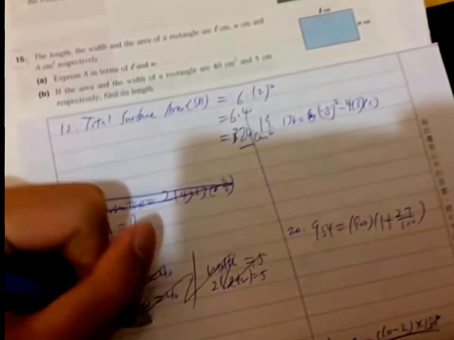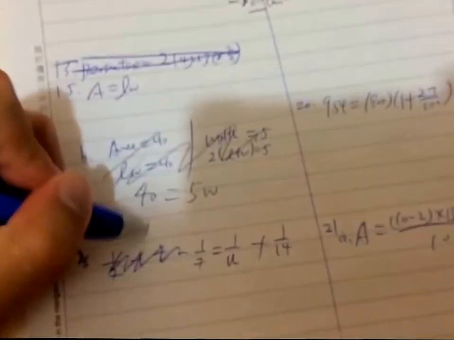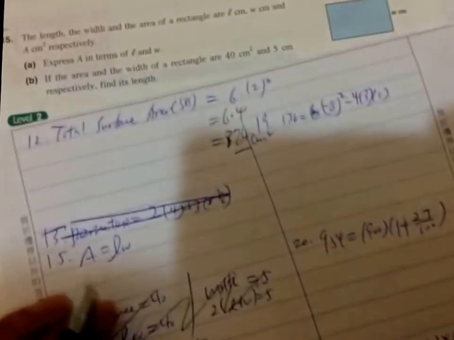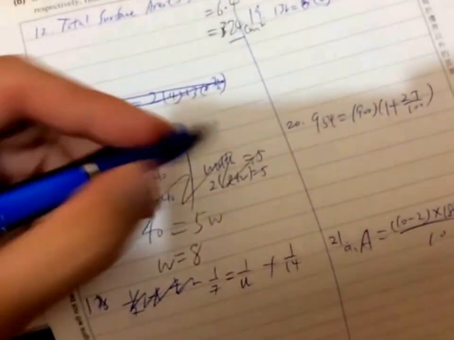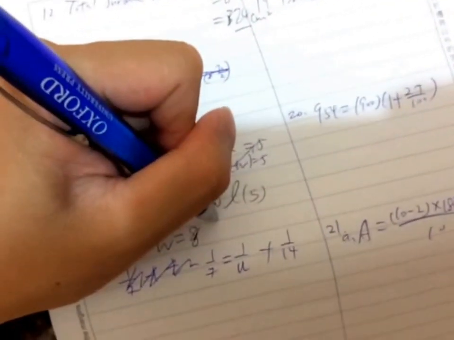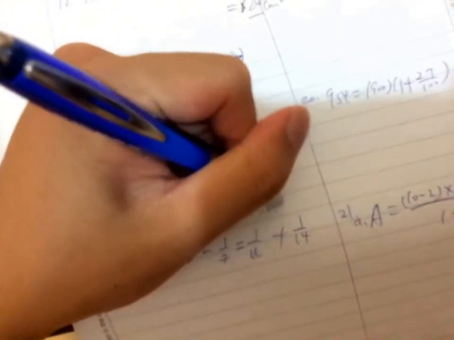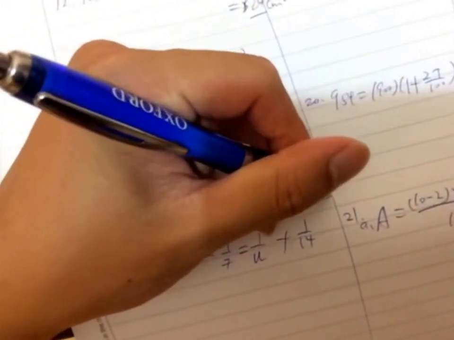So 5 is the length, A is the area, so the width will be equal to 8. Sorry, I missed length times the width, so width is 8. So width equal to 8 cm. Don't forget units.